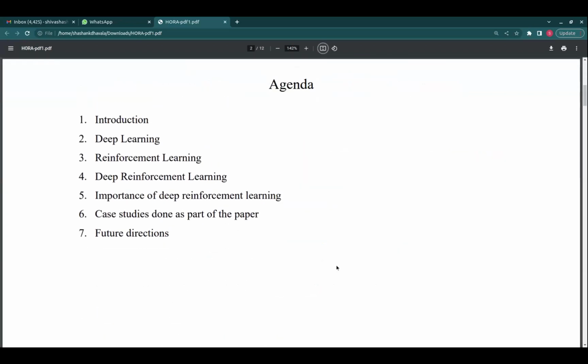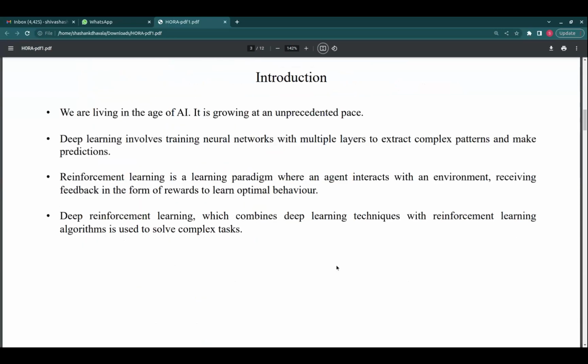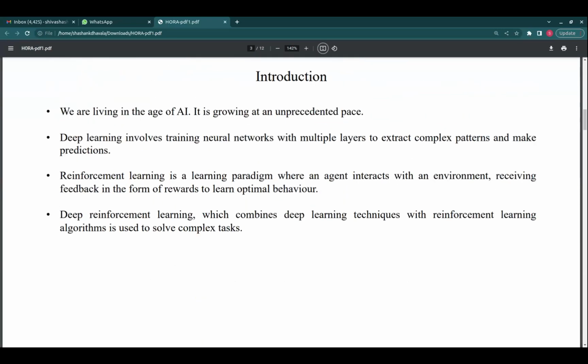So this is how the agenda for the presentation will look. I'll try to take it from the very bottom line, and I think there are three major key terms that need to be discussed before I go ahead with our analysis of deep reinforcement learning in the video gaming sector. The three important terms are deep learning, reinforcement learning, and then deep reinforcement learning.